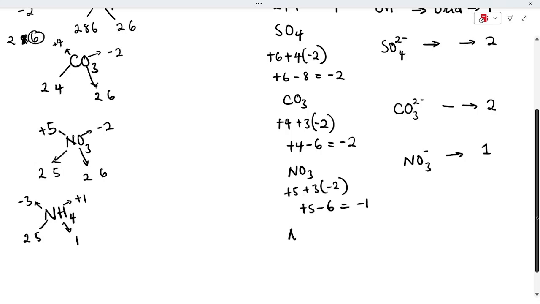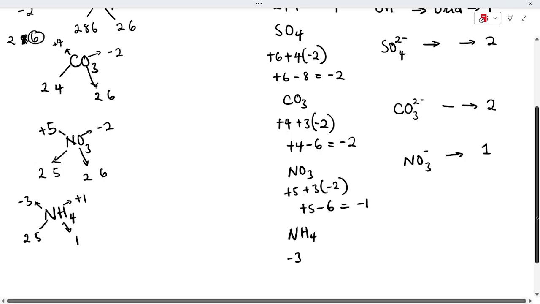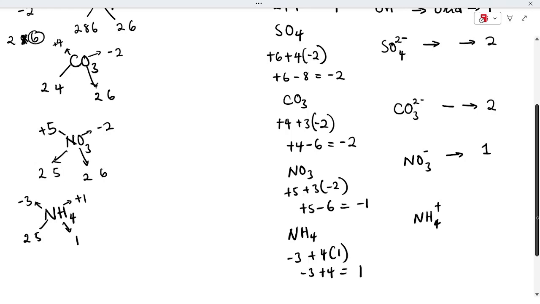So when we calculate NH4, we have -3 plus 4 atoms of hydrogen. -3 plus 4 gives us 1. And that is why you have NH4 plus. So the oxidation number of ammonium is just 1.